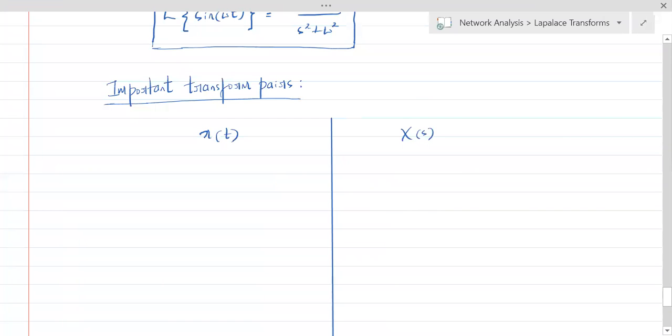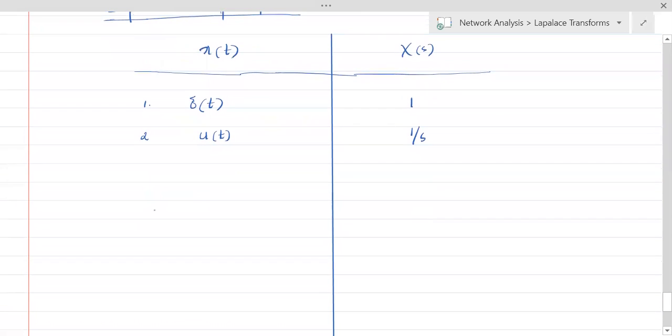Let's just go on. Suppose the first signal is delta of t. What is the Laplace transform of delta of t that we have seen? That is 1. Second one. What is the Laplace transform of u of t? The Laplace transform of u of t is 1 by s.